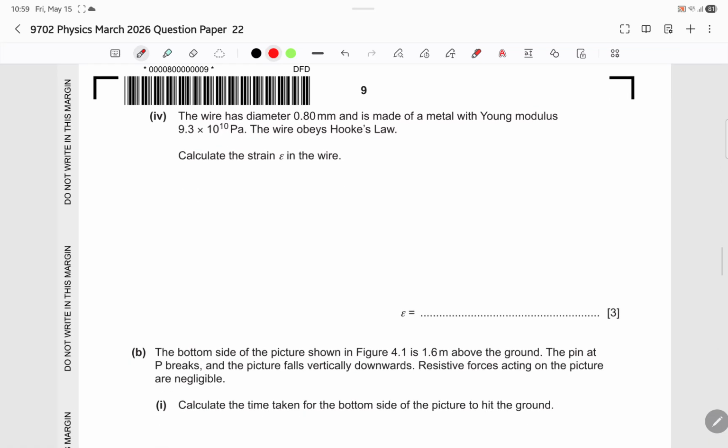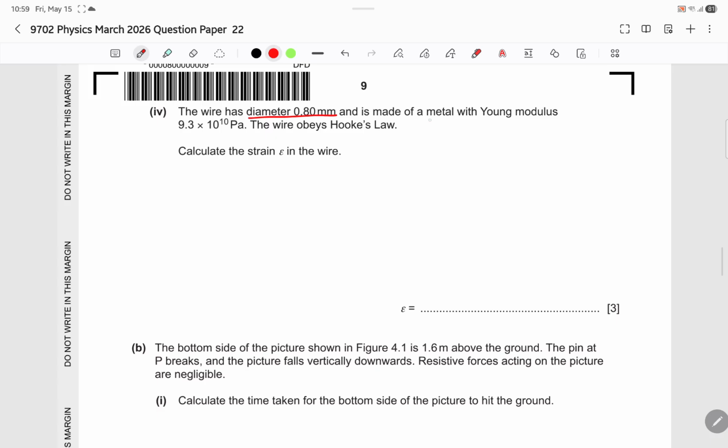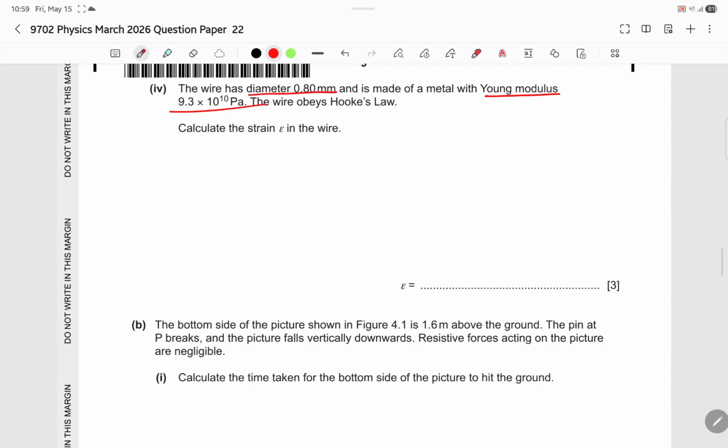Now, a wire has a diameter 0.8 millimeters, and it's made of metal with Young modulus. The wire obeys Hooke's law. It says calculate the strain. So, what is strain? Strain is extension divided by original length.